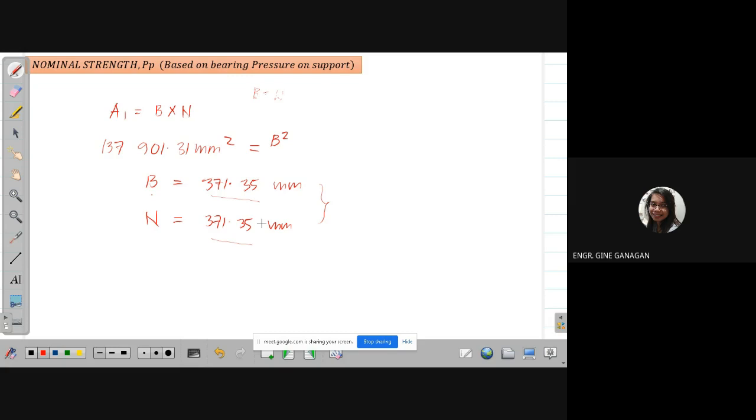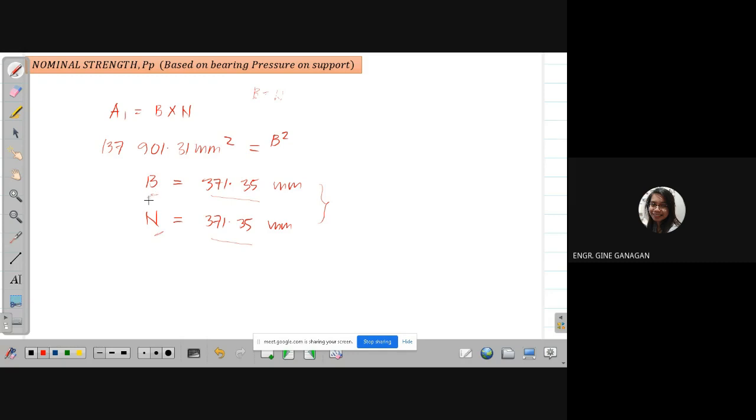But in actual, say yung B natin or yung N natin, say that is 375 mm by 375 mm. Mga ganun. Dapat sa actual. Pero sabi ko nga, dito, activities natin, exam, quiz, kunin natin yung exact na na-compute natin na B and N.